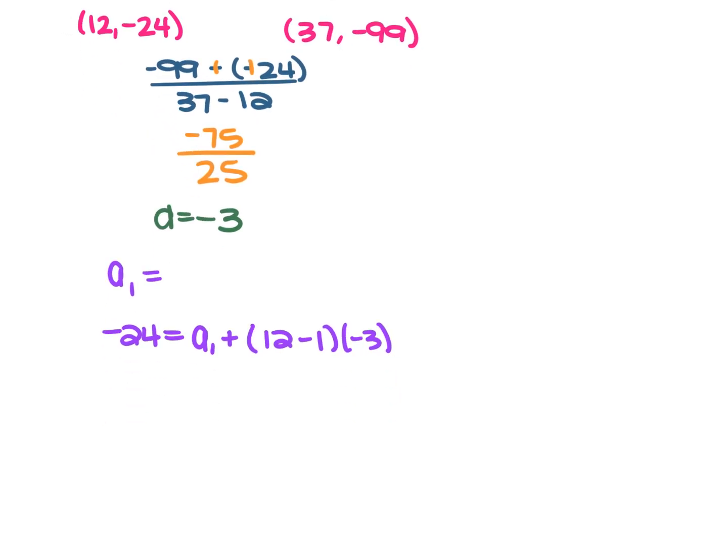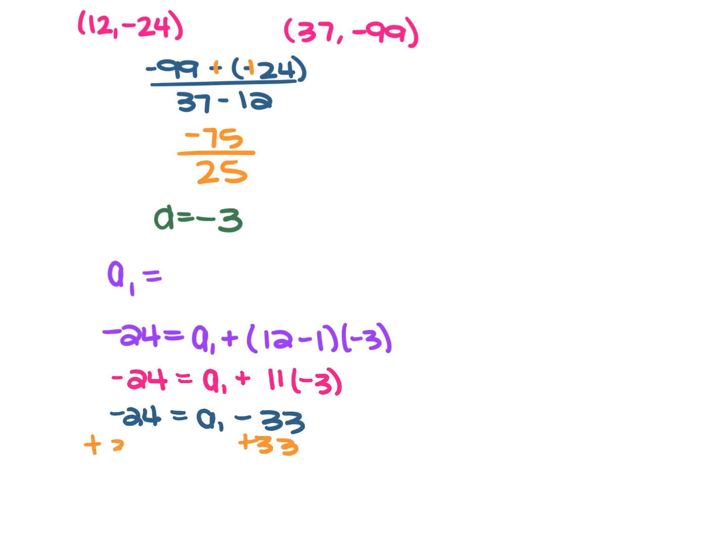So this is going to turn into negative 24 is equal to a sub 1 plus 11 times negative 3, which is negative 24 is equal to a sub 1 minus 33. We add the 33 over, and we're going to have an a sub 1 of 9.